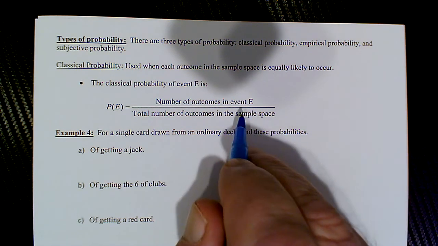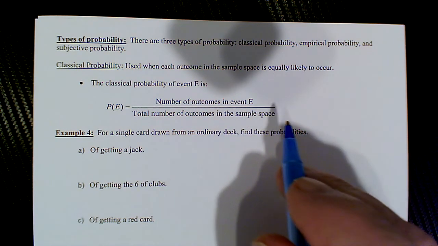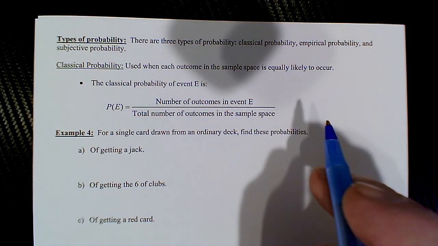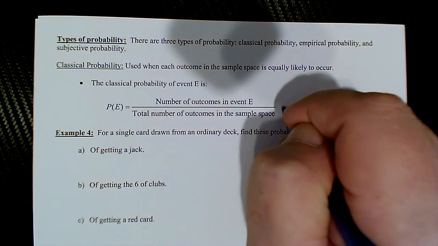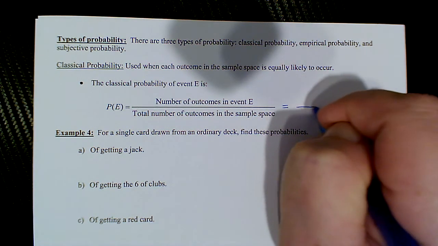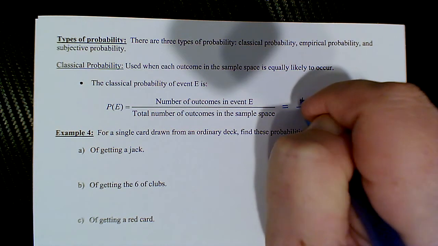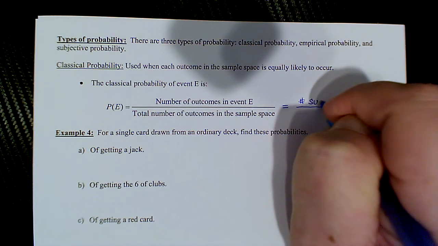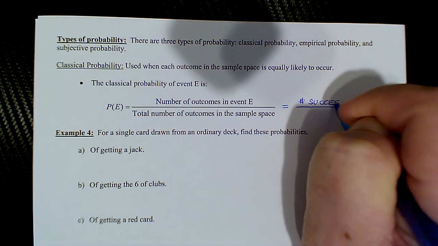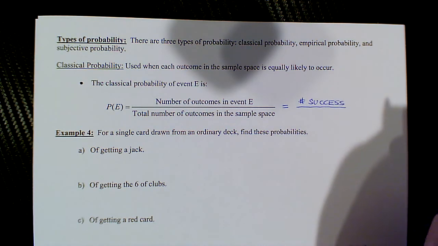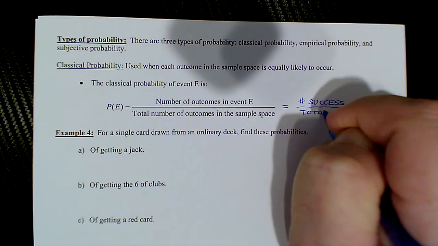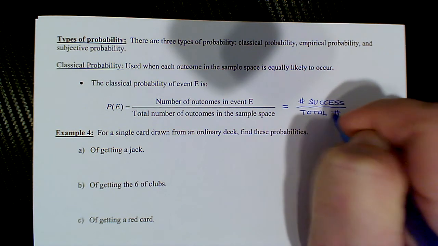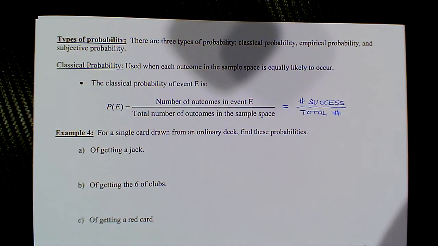It's just the number of outcomes in the event divided by the total number of outcomes in the sample space. A lot of times I like to just think of it as the number of successes, the number of successful outcomes, over the total number of outcomes. So you don't really need a formula, it's kind of intuitive.